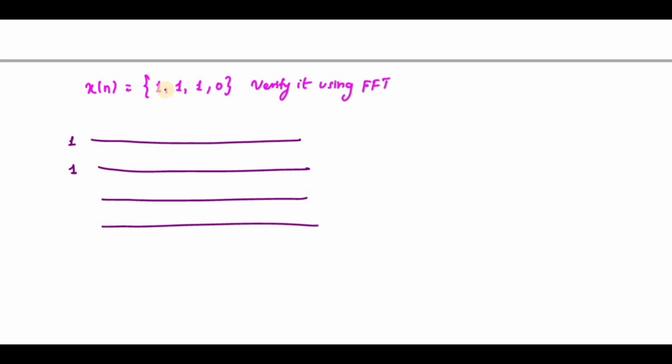So x of 2 you substitute here, and x of 1 you fix here. If you add, you will get 2. If you subtract, you will get 0. Similarly, if I add, I will get 1, and if you subtract, you will get 0.